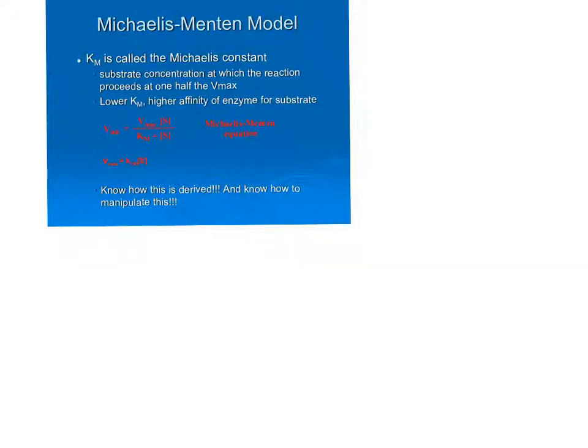But let's say that we have a generic case where we're only looking at binding, and it goes on and on. That was K1 and K minus 1. Kd literally means dissociation constant.